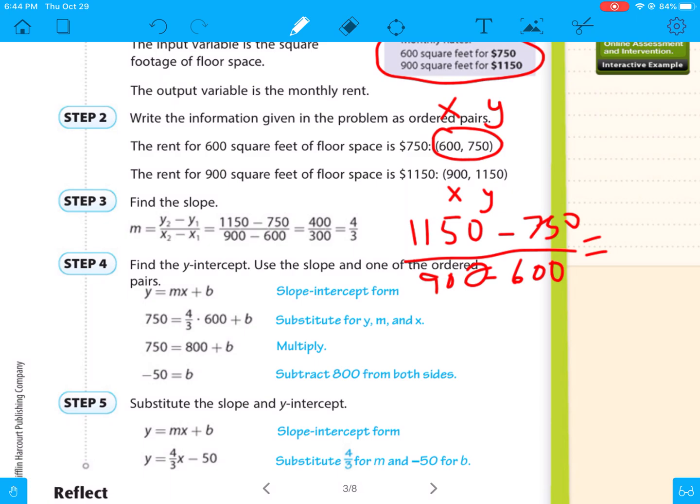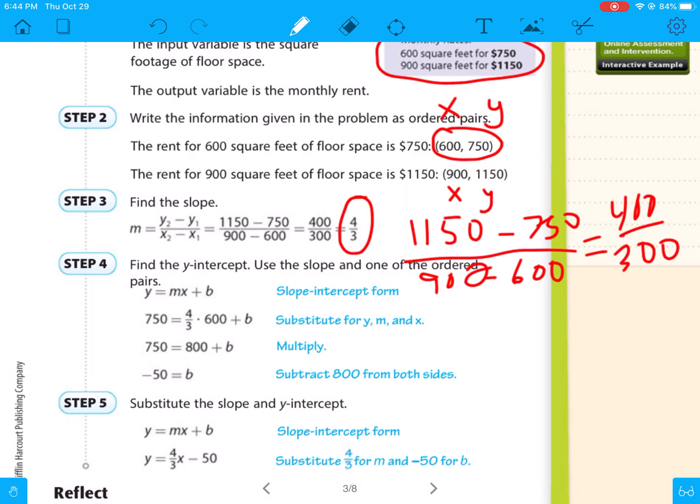So this is going to be 400 divided by 300. So your slope is going to actually be 4/3. So 4 over 3. If you really wanted to write 1.3 repeating, that works as well. So you can find your slope from two sets of ordered pairs.